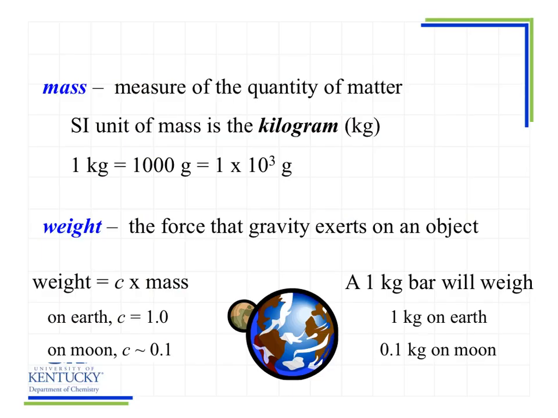Okay, so let's talk about some of these quantities. So mass. Mass is the measure of the quantity of the matter. It just tells you how much matter you have. The SI unit for mass is kilogram, which is weird because we usually use the base unit as gram. But since in most areas of science, gram is a pretty small unit, they use kilogram.